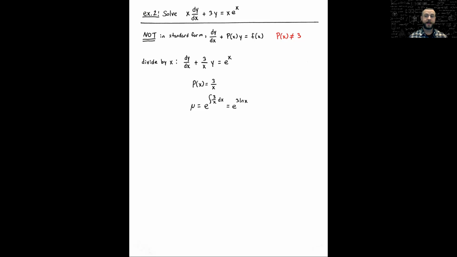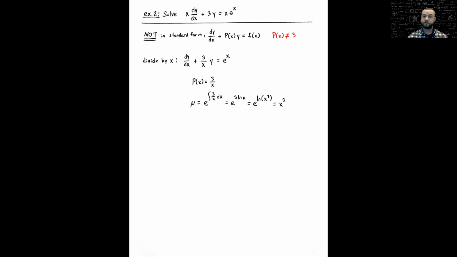Now, as written, due to that factor of 3 in the exponent, the exponential and logarithmic functions don't cancel, but we can cancel them if we use properties of logs. Bring that factor of 3 in front of the logarithm up into the exponent. Again, a property of logs. And now the exponential function and logarithmic function cancel out. You should find mu equals x cubed here.